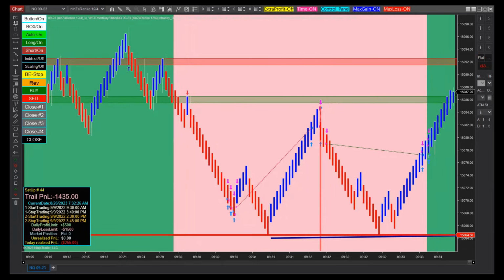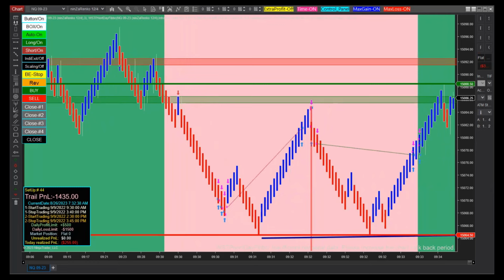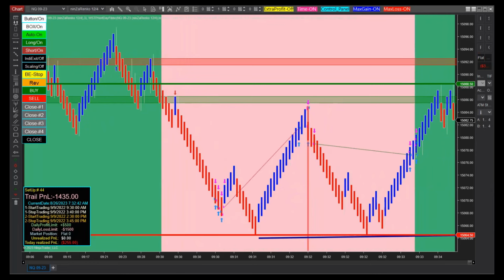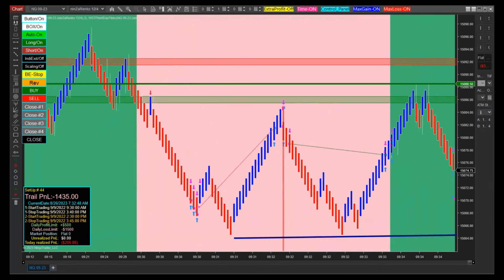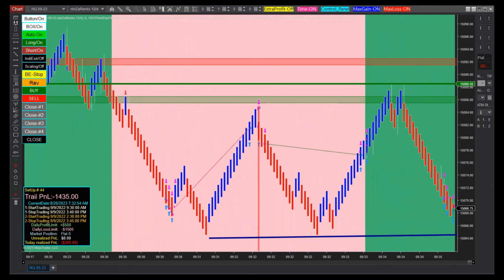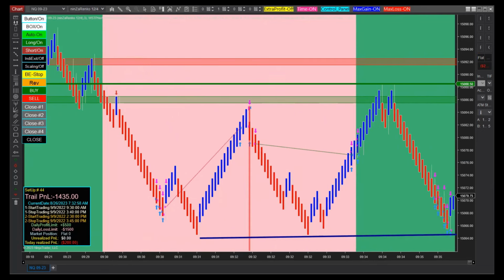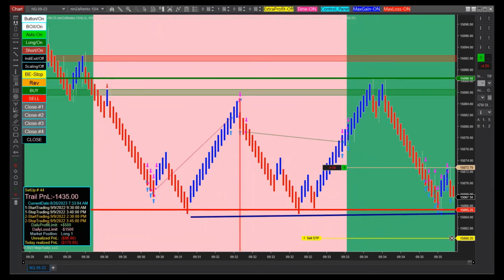Don't want this video to be too long, so I'm going to speed up the recording. Again, just looking for a trade now. Those trend lines that you see play a part in the algorithm finding a position. Okay, so finally it looks like it finds a long.